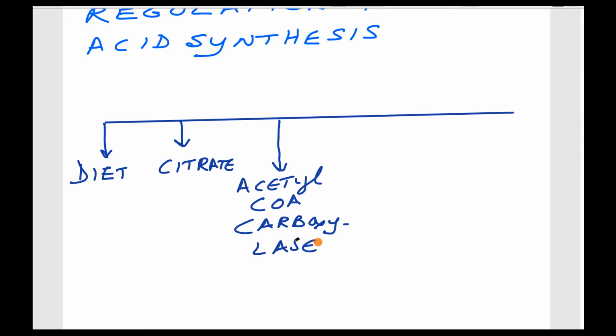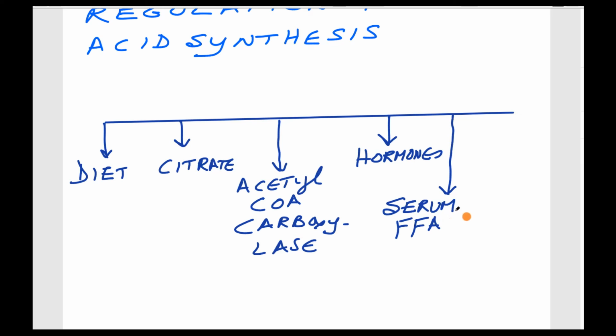Then the next one is hormones. Hormones play a very crucial role. The next one is the levels of serum free fatty acids, the concentration of serum free fatty acids.